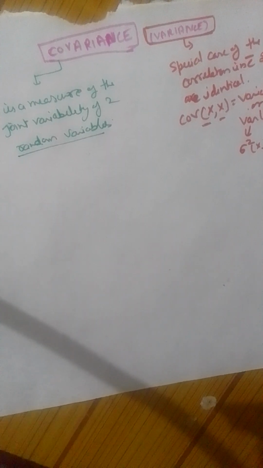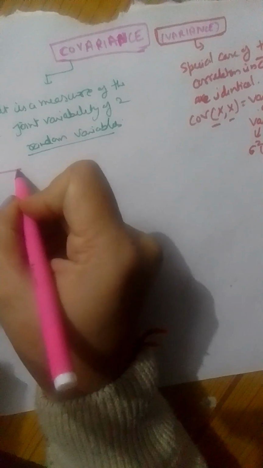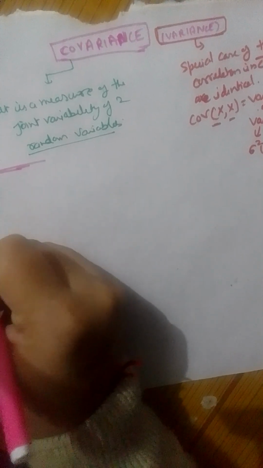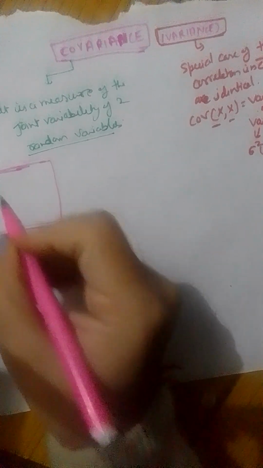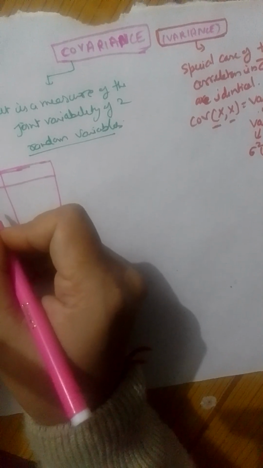What is a random variable? Let's suppose what kind of questions you would solve while you build the model, AI model or data science model. I'm giving you a real example here about the variables. Here is one table, and like this you will get the data in your data science course.